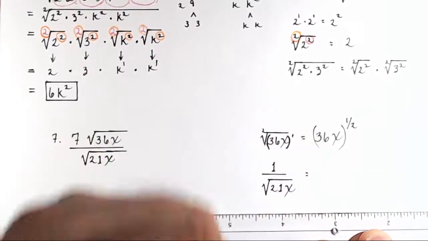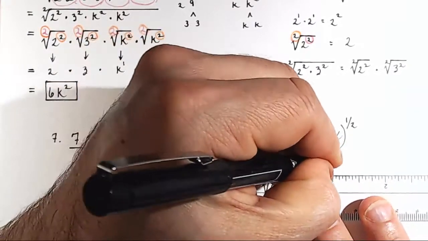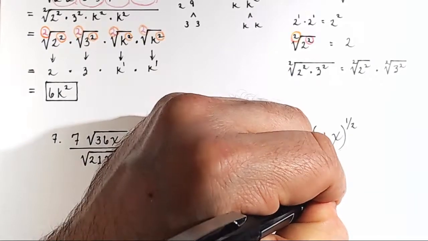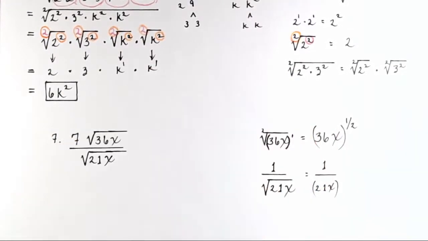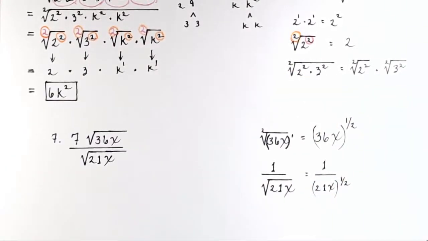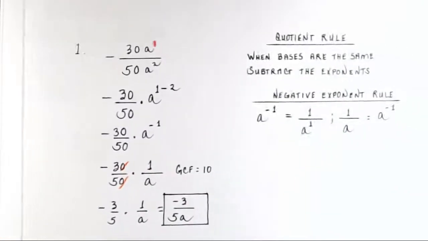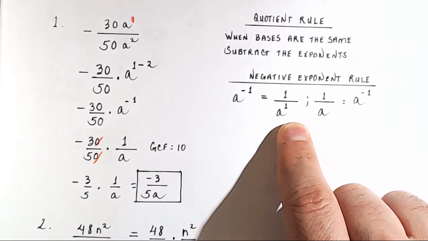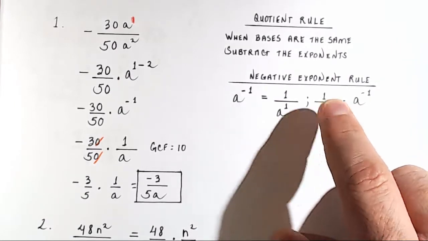That can be rewritten as 1 over 21x, all raised to the 1/2 power. And using our negative exponent rule, we'll apply this case here.